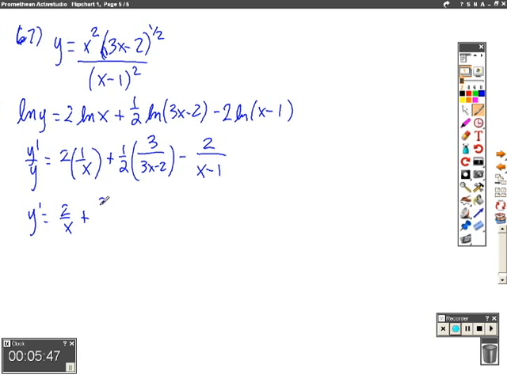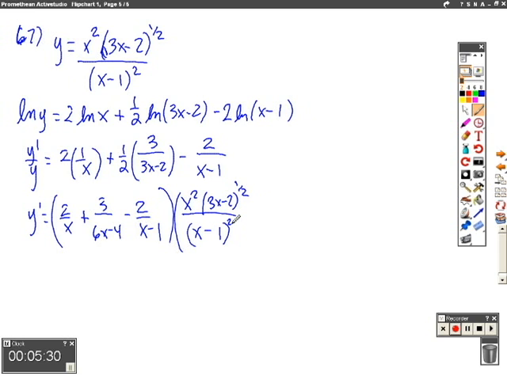I can get 2 over x plus 3 over 6x minus 4, just distributing the 2, minus 2 over x minus 1, and all of that gets multiplied by the original function y. It's kind of messy, but it is the answer nonetheless, and you don't really need to do anything else with that.